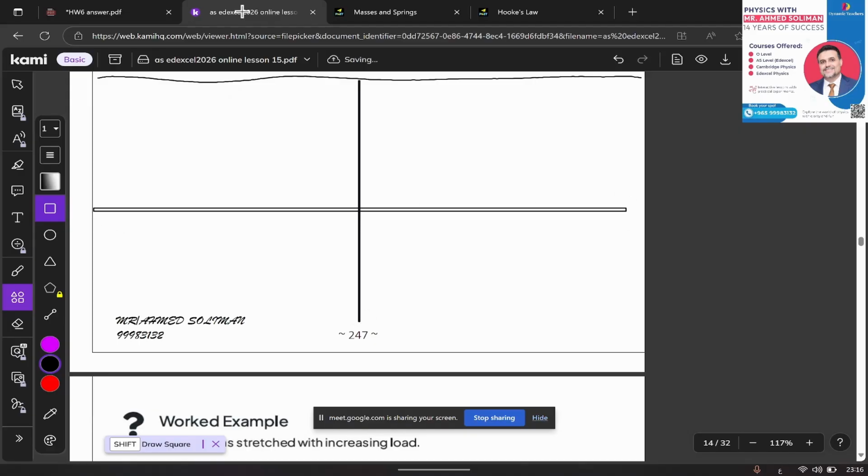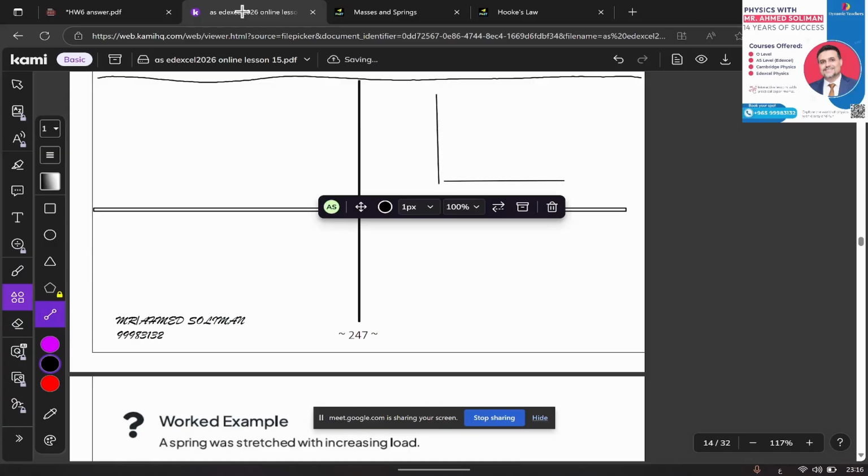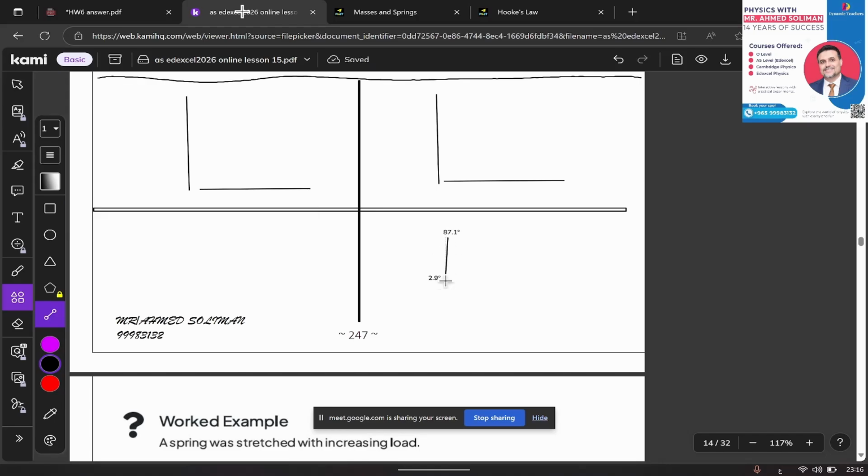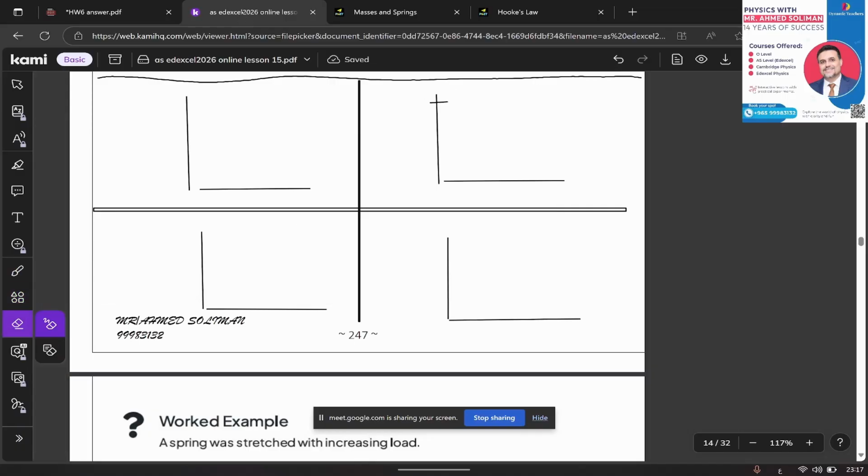We have this graph and we have this graph. Force extension, force extension.